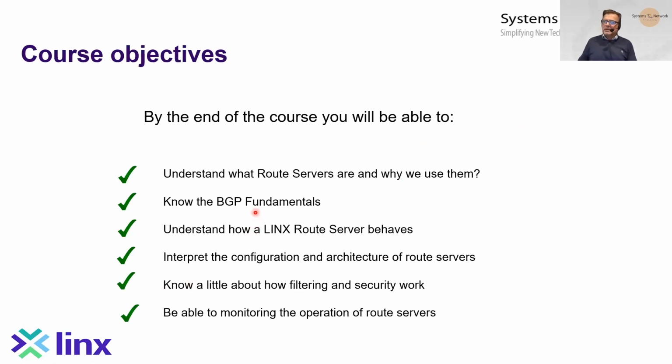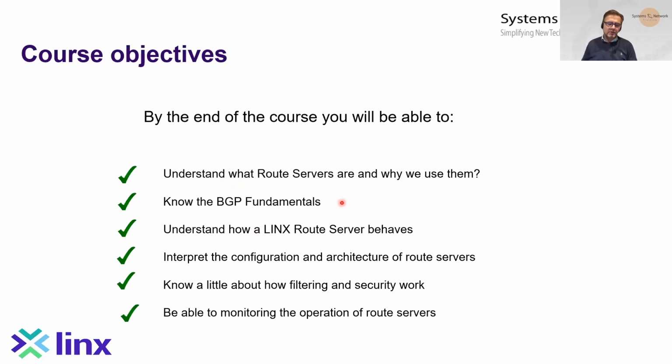So here's a set of objectives. Again, we're going to first start pretty high level, understand what route servers are and why we use them, how they're useful. We are going to discuss some of the fundamentals of BGP, Border Gateway Protocol.